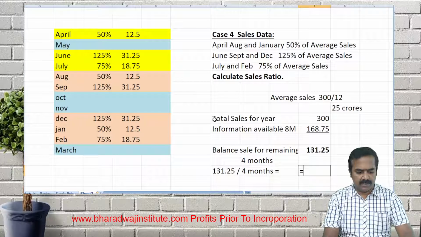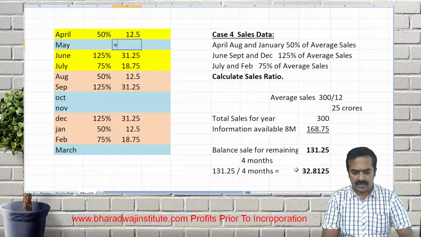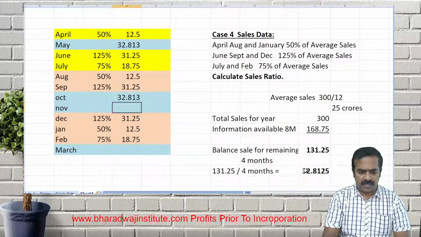So for the remaining months you take this. That is not average sales, since with average sales we would take 25.